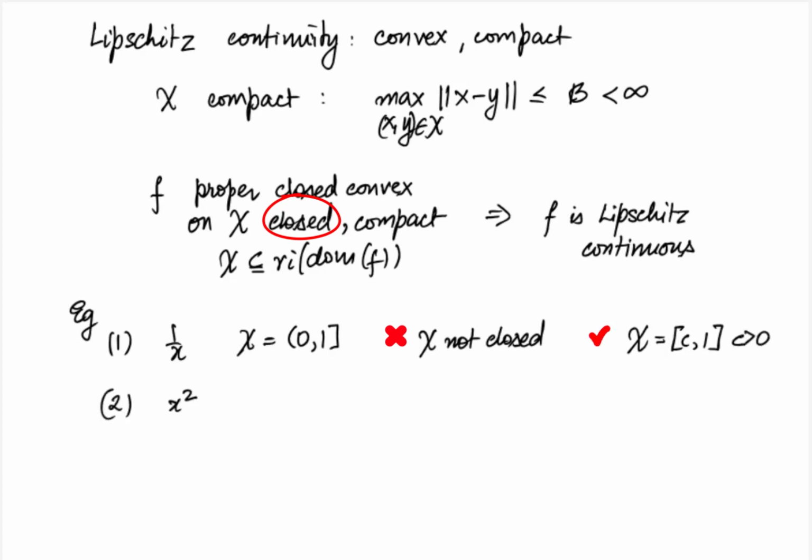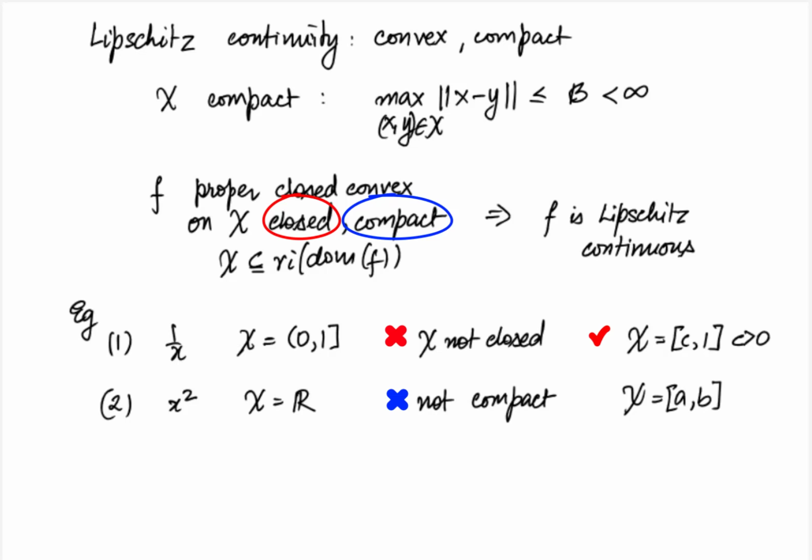Next, consider x squared defined over R. Here, we do not meet the criteria of compactness because R is not compact, and therefore the function is not necessarily Lipschitz continuous. However, x squared is Lipschitz continuous on any interval [a, b], where a and b are any real numbers.